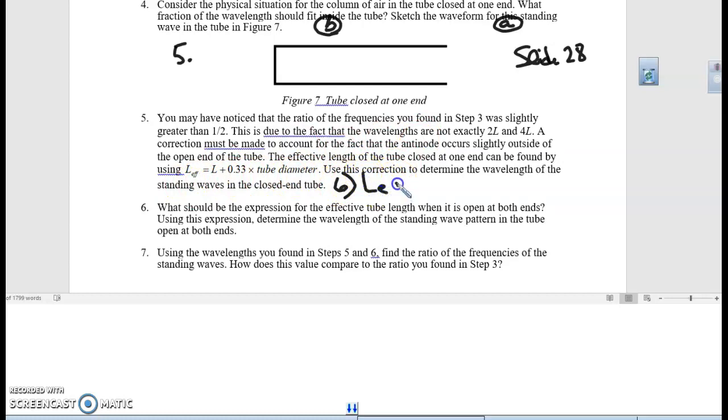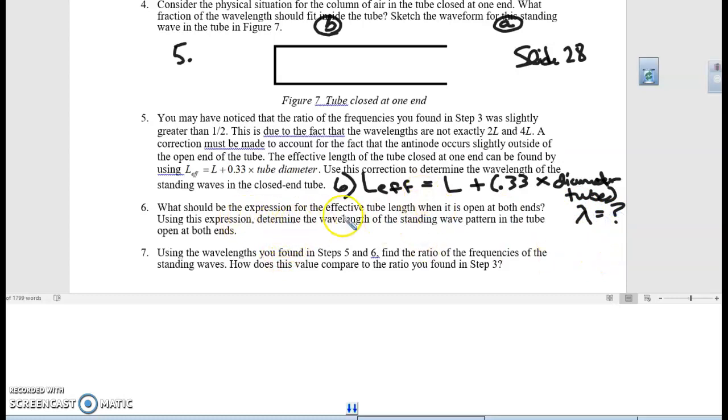We'll have an effective length, and that'll be length plus 0.33 times the diameter of the tube, which I wrote down previously here. So go ahead for number 6 there, calculate the effective length, and then go ahead and do the wavelength based on that.